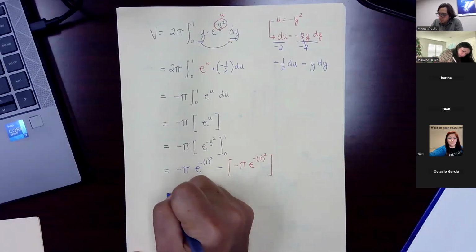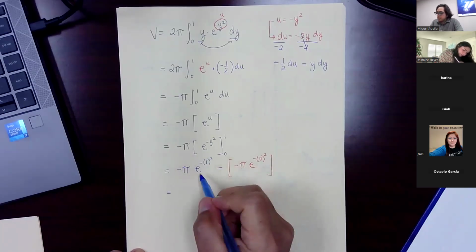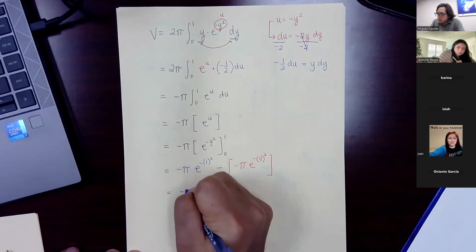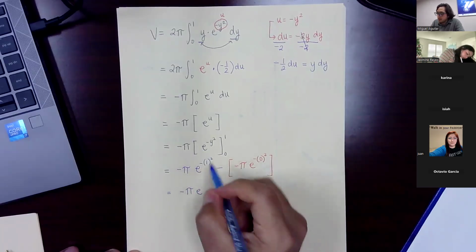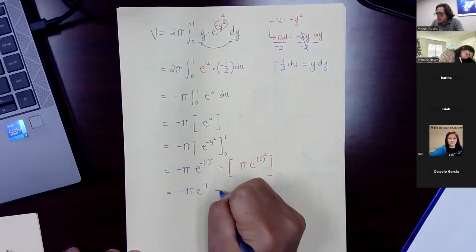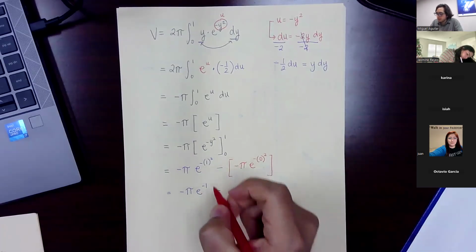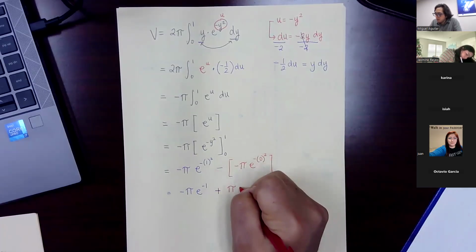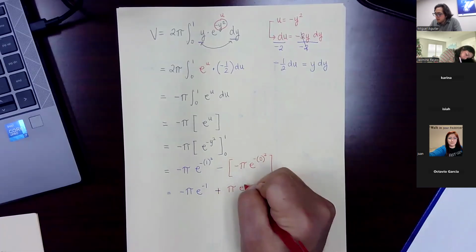Okay, so let's figure out what this is. That's going to be negative pi e to the negative 1 up here, minus, well, really it's going to be a plus now, pi e to the 0.